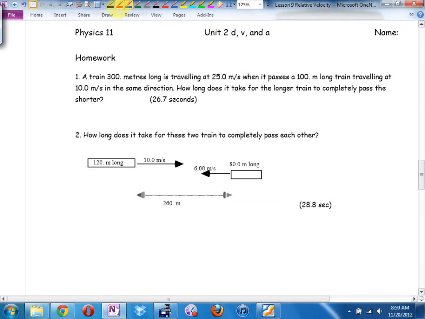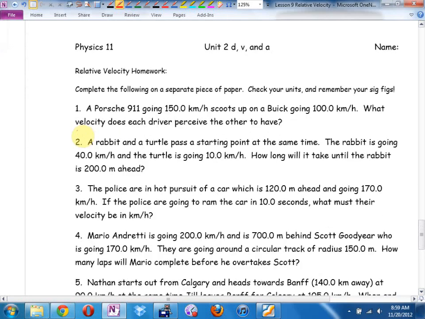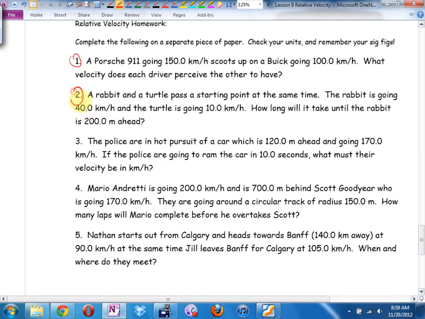Homework, I think you can try number 1. I think you can try number 2. A couple of relative velocity questions. And then if you look at the next page over, we have some more relative velocity. So number 1, absolutely. 2, absolutely. 3 is nerdily cool.